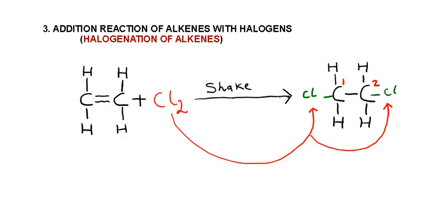So we now have dichloroethane as the name of this organic compound. And remember that this is a saturated organic compound. So this is just a simple process involved in addition reaction of alkene with halogens.